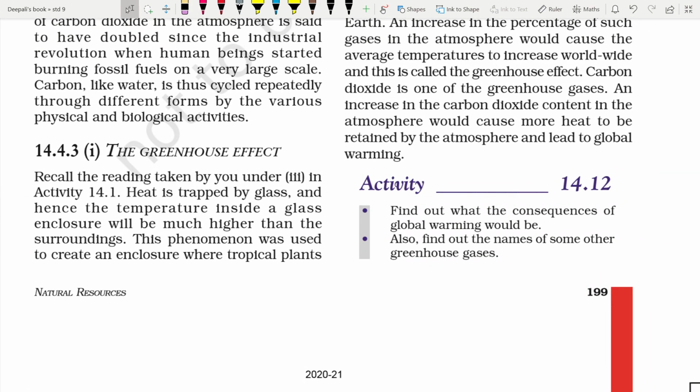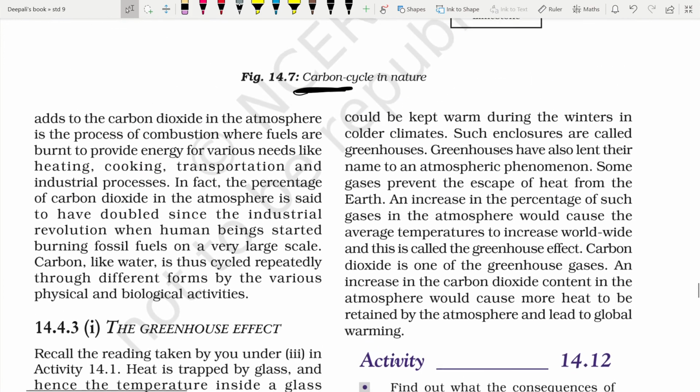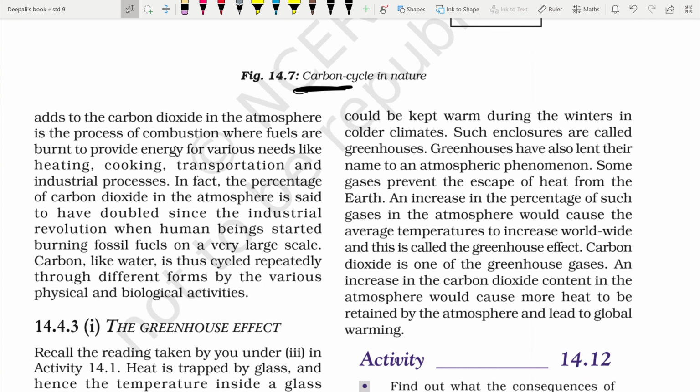Heat is trapped by glass, and hence the temperature inside a glass enclosure will be much higher than the surroundings. This phenomenon was used to create an enclosure where tropical plants could be kept warm during the winter in colder climates. Such enclosures are called greenhouses, which are used for agricultural and floricultural purposes.